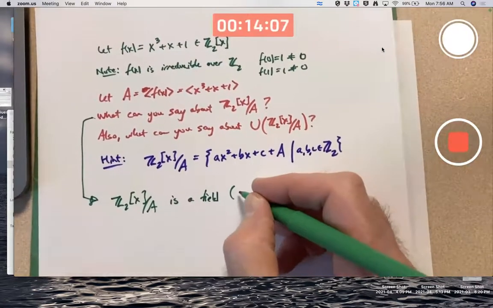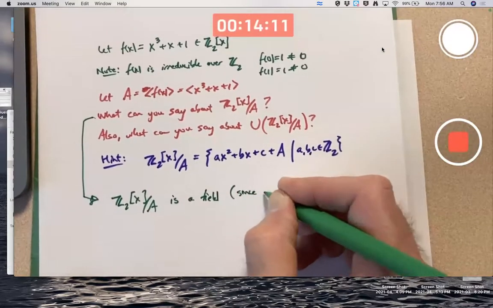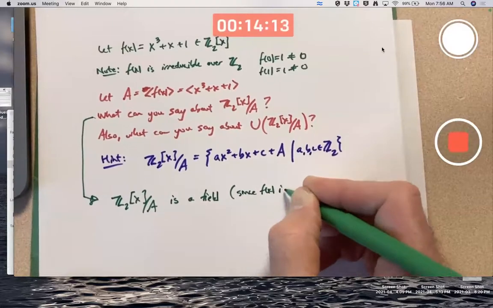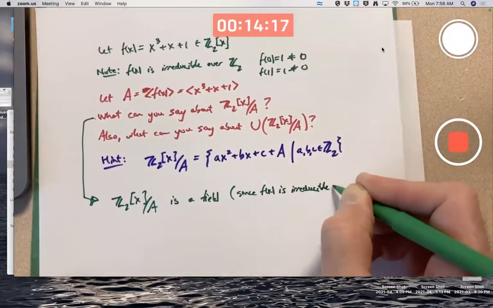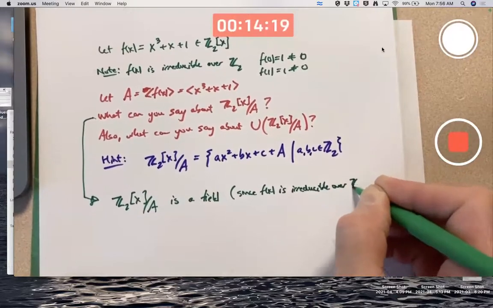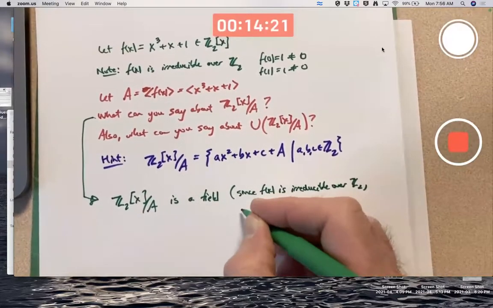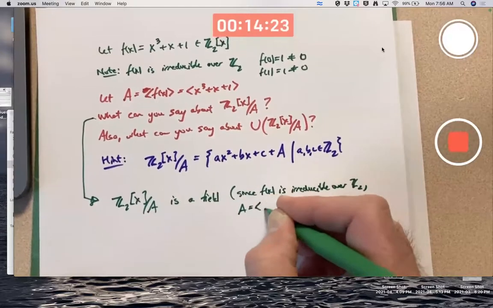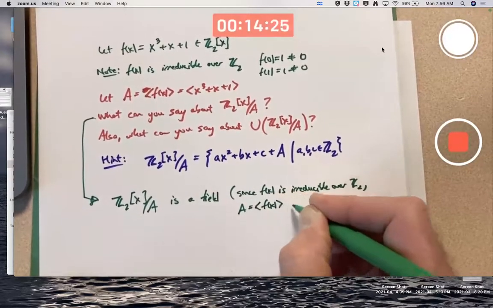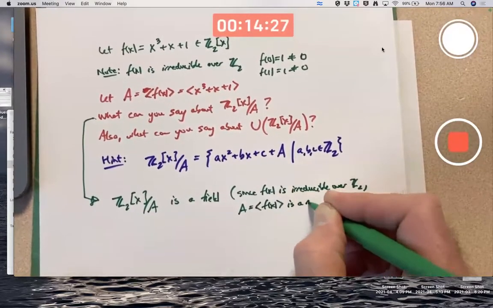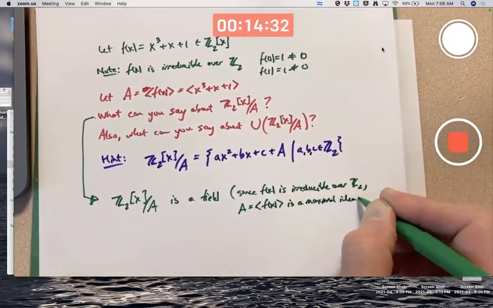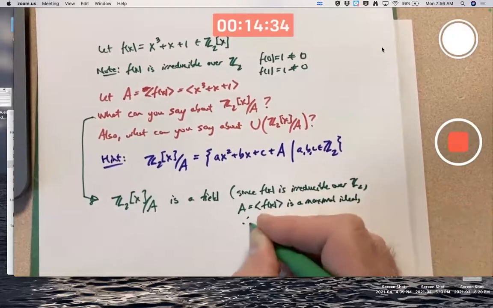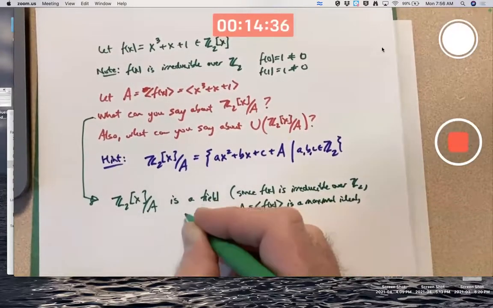Reason being, again, since f(x) is irreducible over Z2, we can say that the principal ideal generated by f(x) is a maximal ideal, and therefore, it's a field.